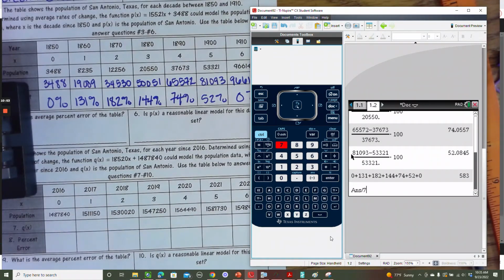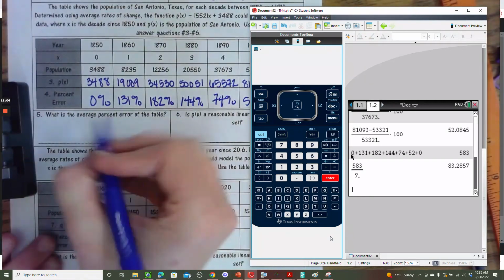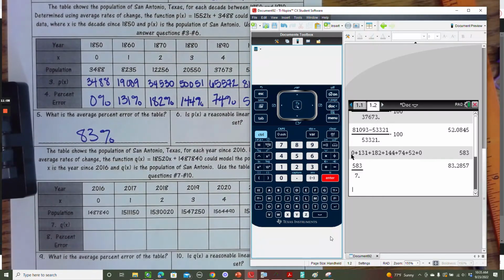Divide it by 7, put that decimal point, otherwise it's going to give you a wonky fraction. So the average error is 83%. Should you have 83% error? No, because that means your accuracy is only 17%.